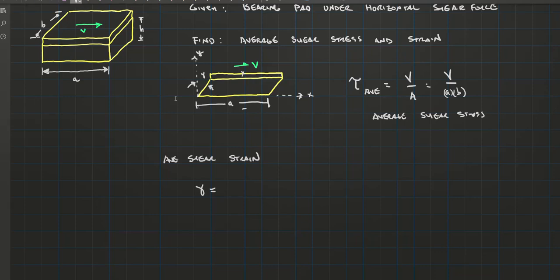So our shear stress divided by G equals gamma. And we can write that in terms of shear force as V over A times B times G. So if we need the values, any of these values, we could actually calculate that. Recall that G here is our shear modulus for our material.